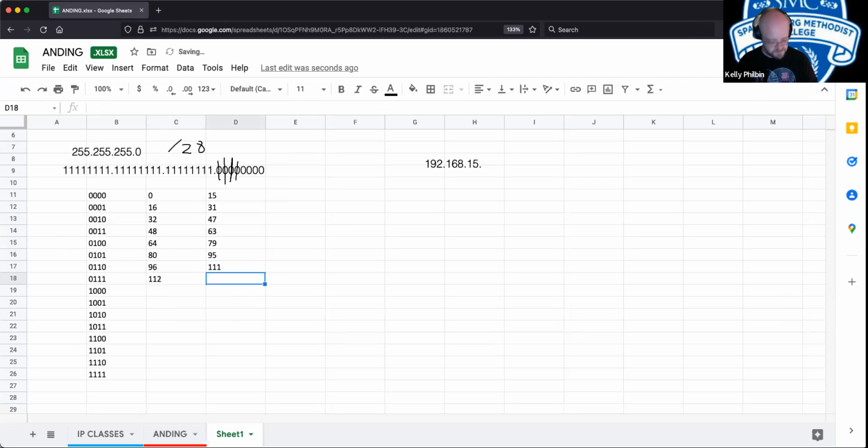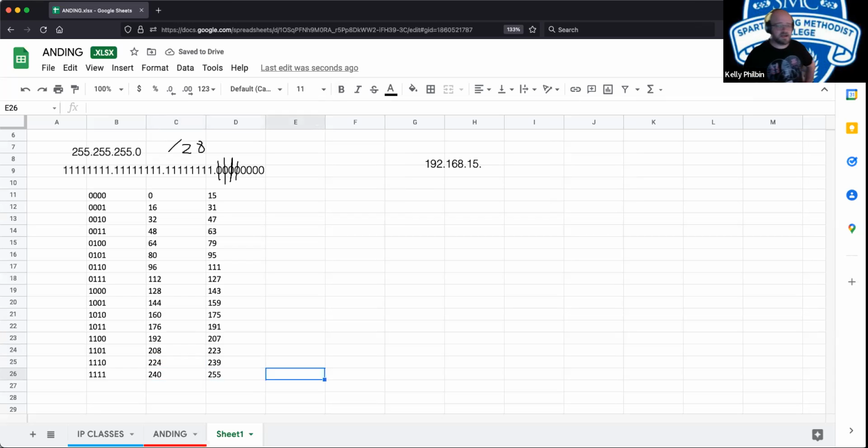112, 127, 128 to 143, 144, 159, 160, 175, 176 to 191, 192 to 207, 208 to 223, 224, 239, 240 to 255.